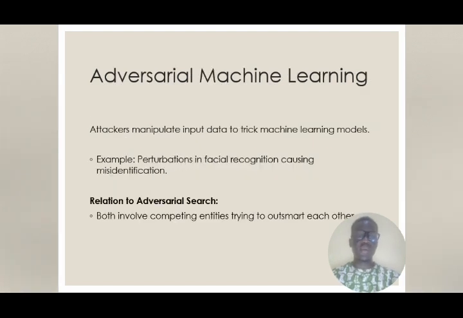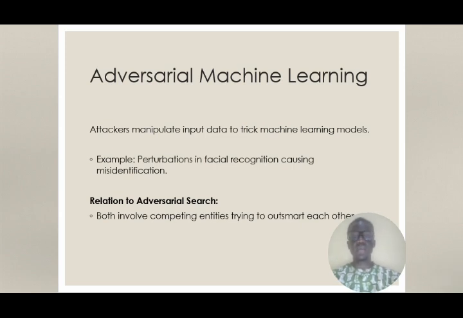Then lastly, we talk about adversarial machine learning. This is where attackers or hackers manipulate input data to trick machine learning models, like changing just small details to make the machine think it's the right one, or to make it misidentify something.